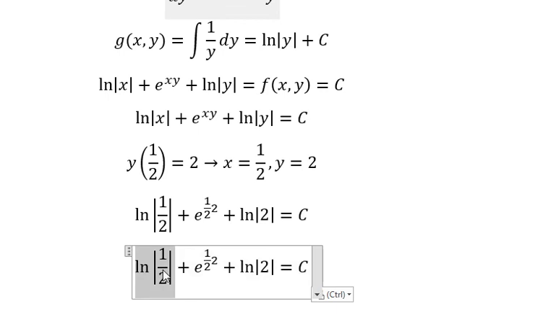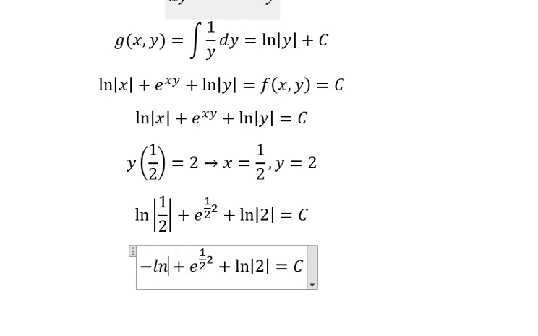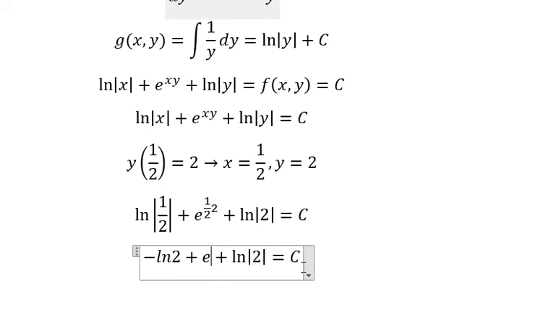This one, ln of 1/2, that's about negative ln number 2. This one, that's about number 1, so we have e. So we simplify, that's about c equals to e.